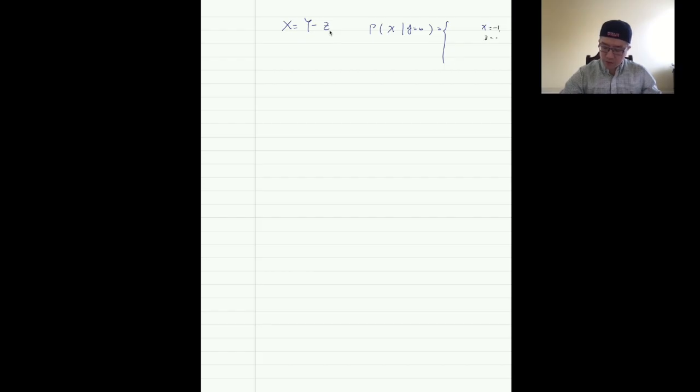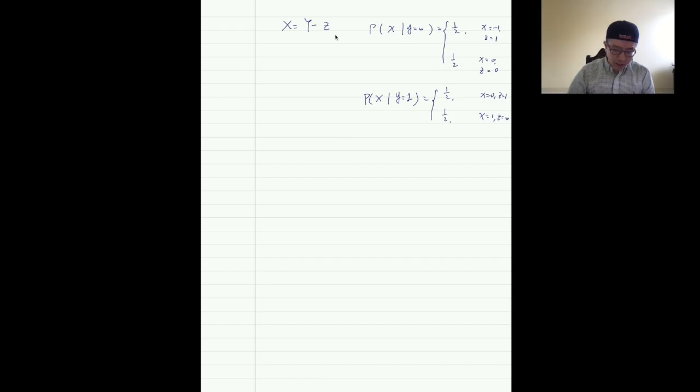This will happen with probability half, because y is fixed, and then the probability that z is 1 is half, okay? And similarly, we can compute that probability x is 0, and here is when z is 0 again. So this is a half as well, okay? And similarly, we can compute the probability of x when y is 1, right? So in this case, we have two cases again. x is 0 when z is 1, or x is 1 when z is 0, right? Again, the probability half-half.